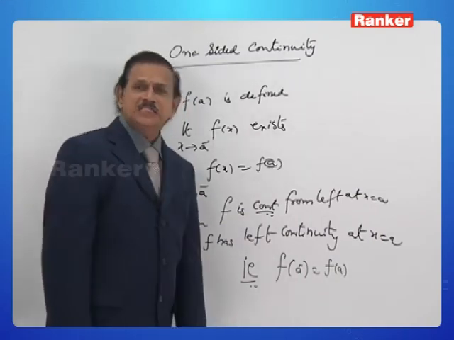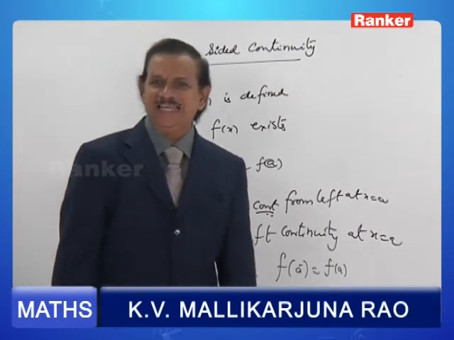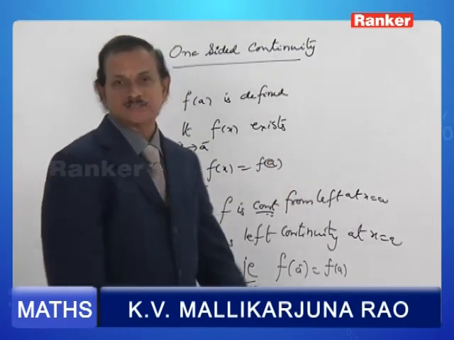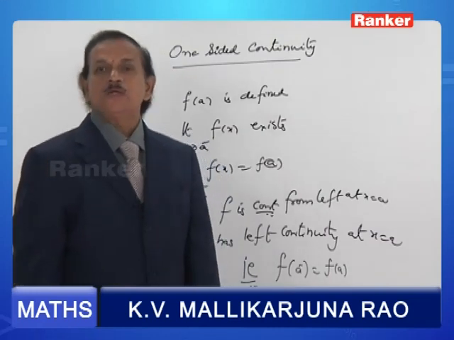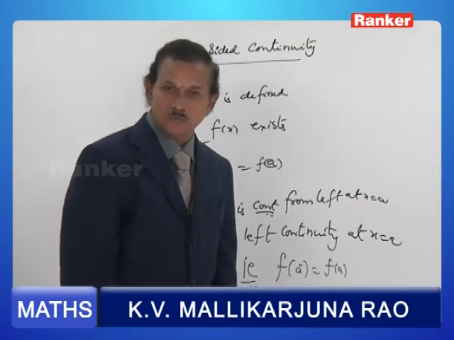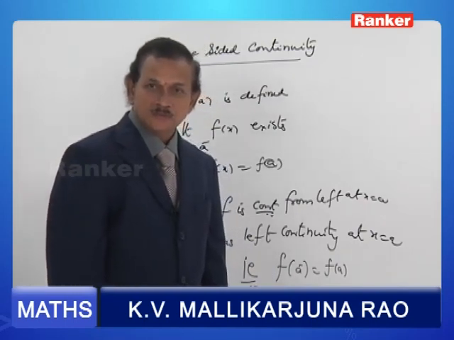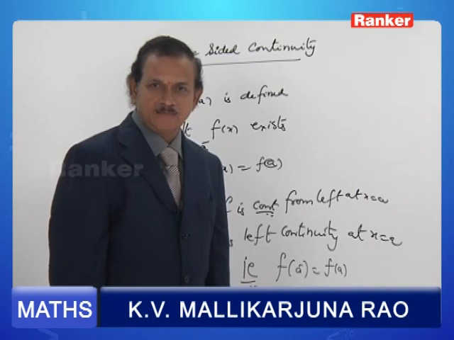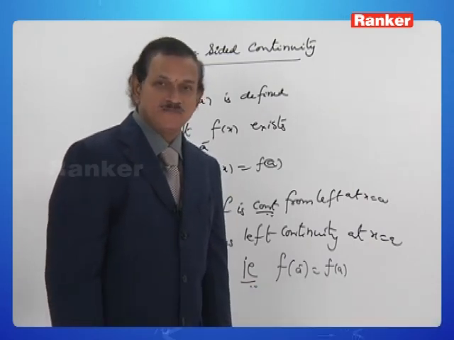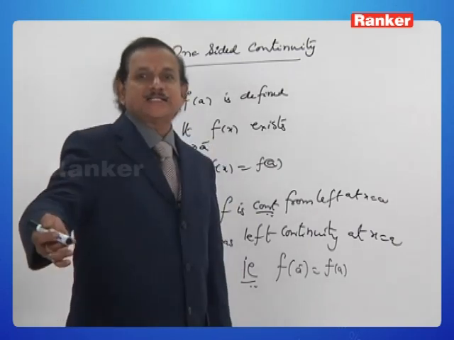One can easily trace the plan of explaining the right continuity also from this strategy. We could have explained ourselves about the left continuity now. Can we explain the same at the right hand side? That is, can we give the meaning for right continuity at x equal to a?